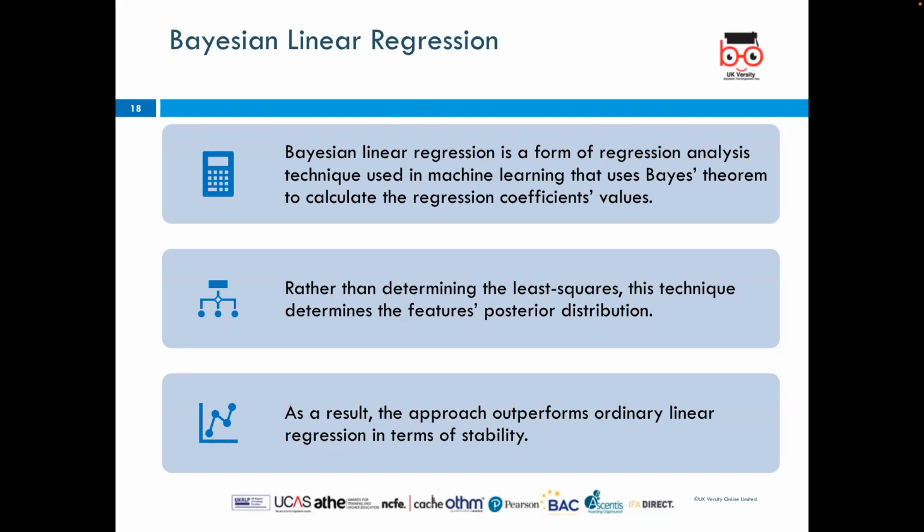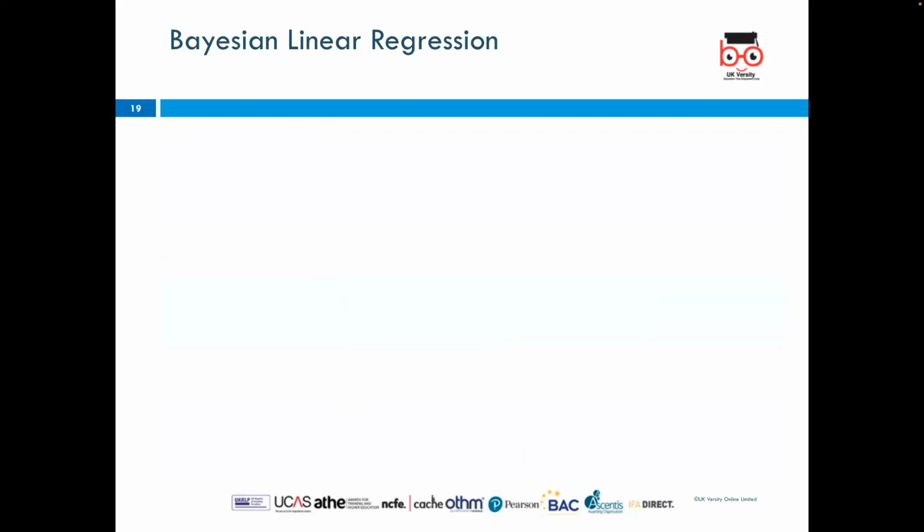Rather than determining the least squares, this technique determines the feature's posterior distribution. As a result, the approach outperforms ordinary linear regression in terms of stability.